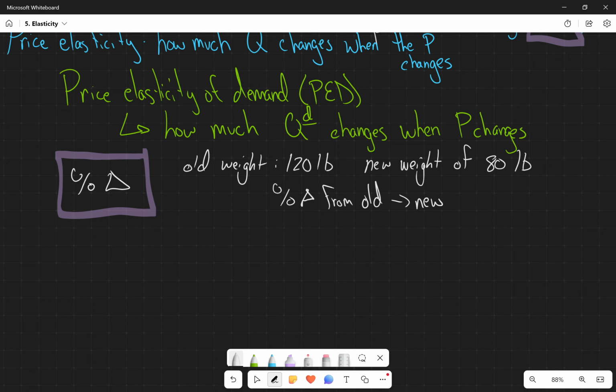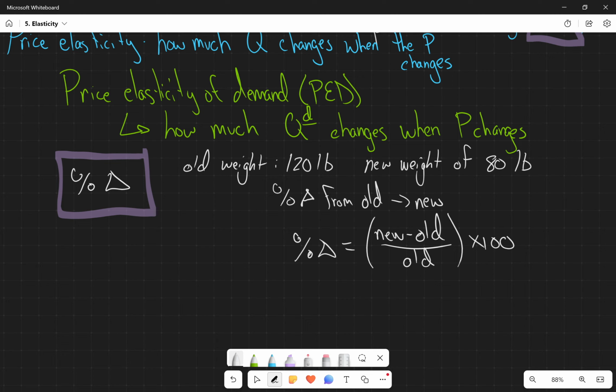So this is a directional percentage change. We know the way to do this is new minus old over old, times 100. Pretty straightforward. We've been doing this kind of math for decades now.